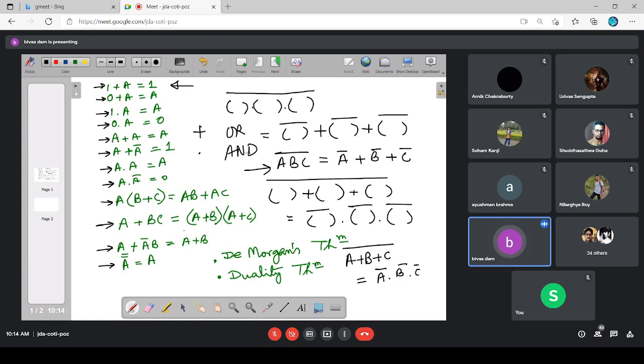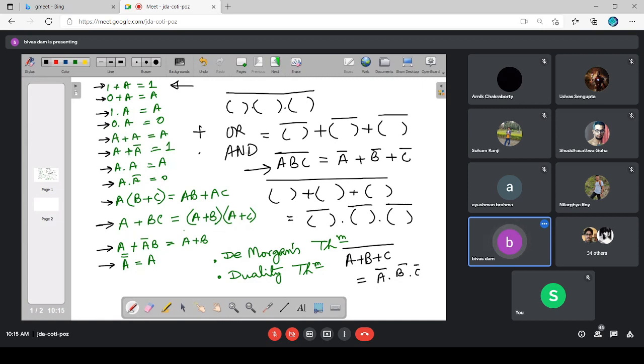The OR operation will provide a true output in case either of the inputs is true. If any one input is true, the output will be true. The output will be false only when all the inputs are false. That's the operation of a logical OR function.